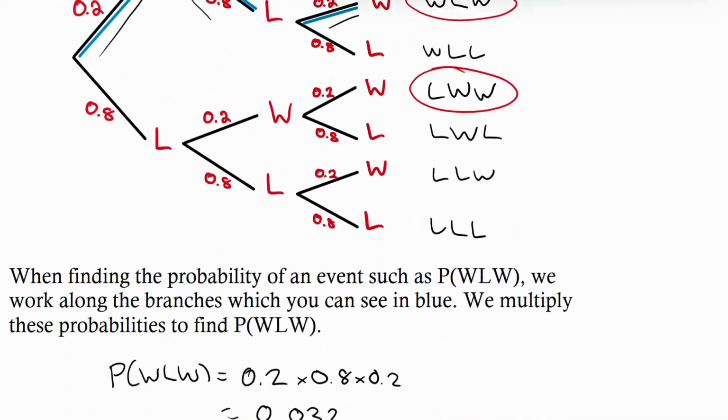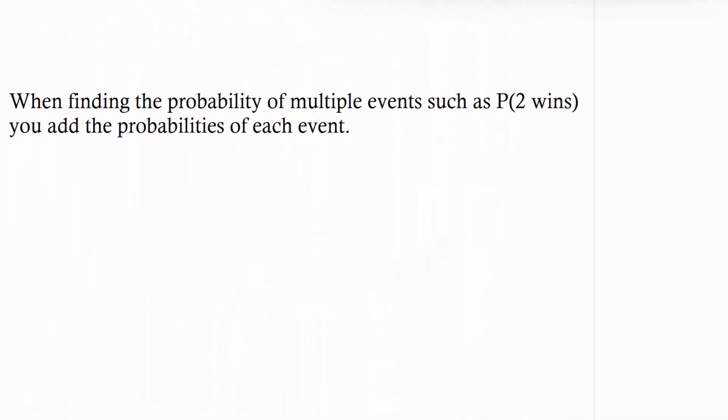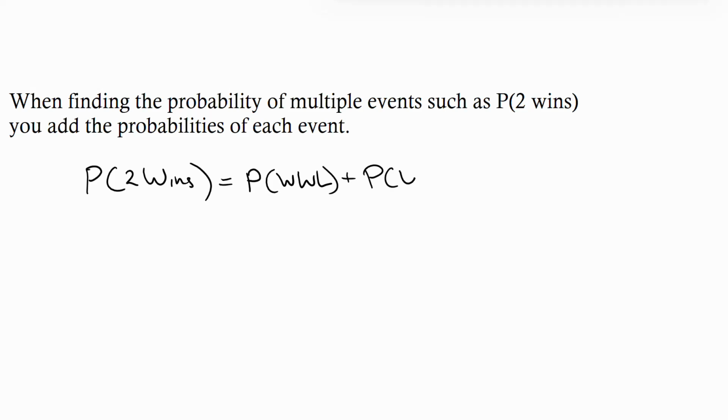If I'm trying to find the probability of 2 wins, I'm trying to find the probability of that win, win, loss one, plus the probability of the win, loss, win, plus the probability of loss, win, win.